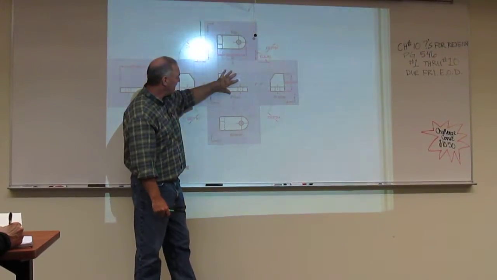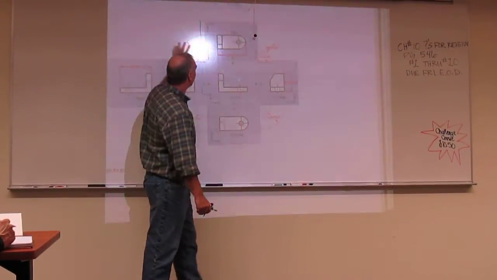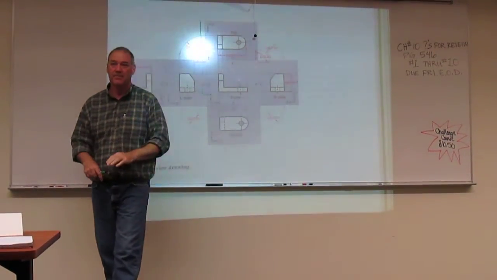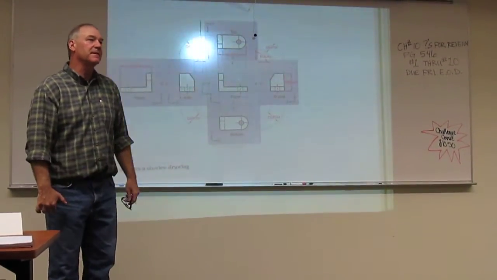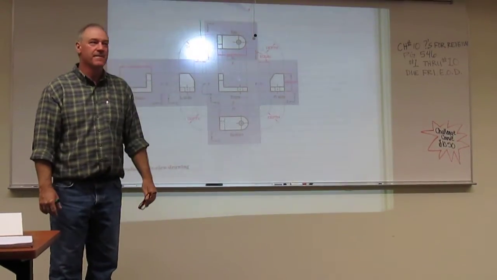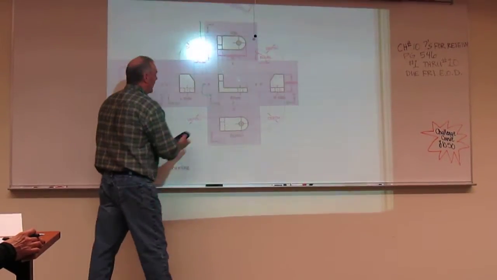I don't put a front view and then a right side over here, or over here. It always goes here, and it's lined up. So we always set these in this orientation. Are there any questions about that? So there's your alignment of features.